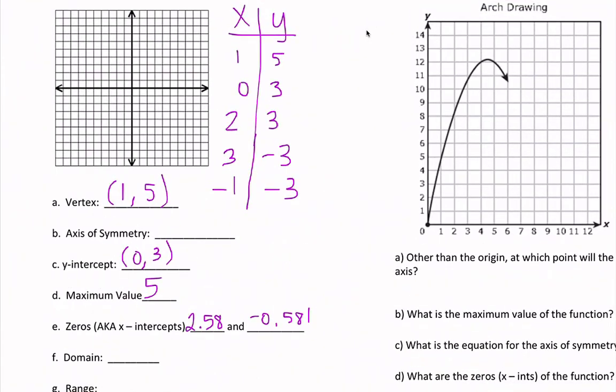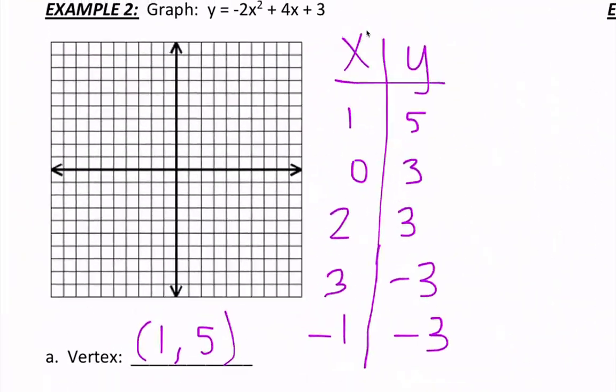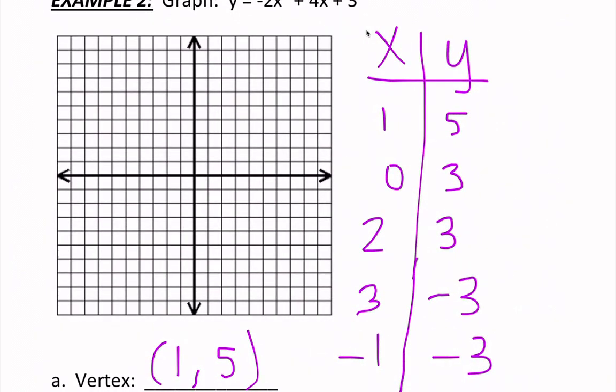So I'm going to go plot those points. I'm going to zoom in. 1, 5. 0, 3. 2, 3. 3, negative 3, and negative 1, negative 3.